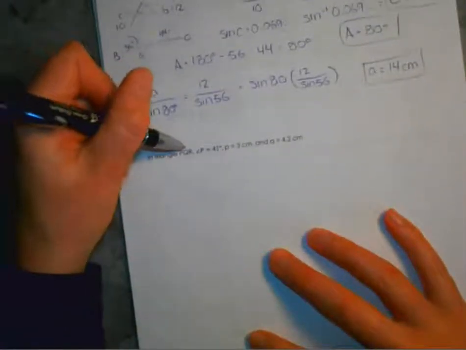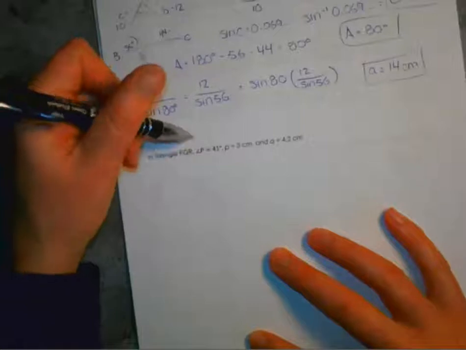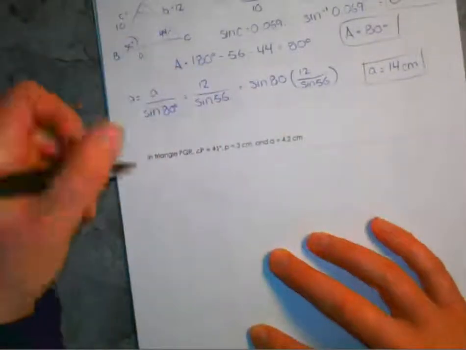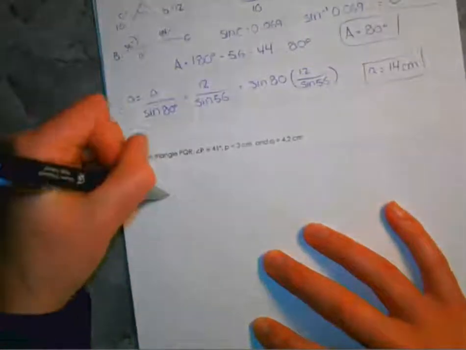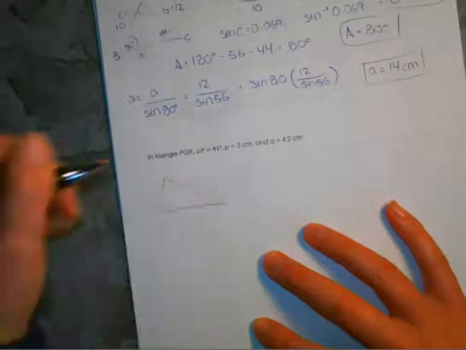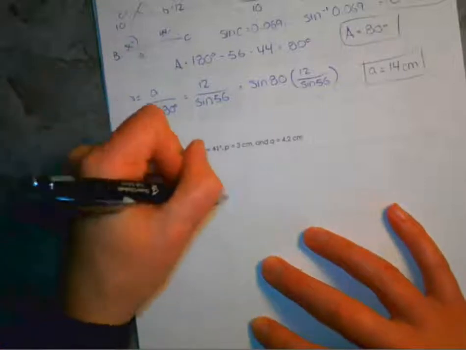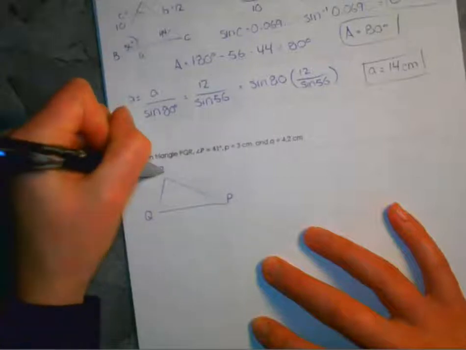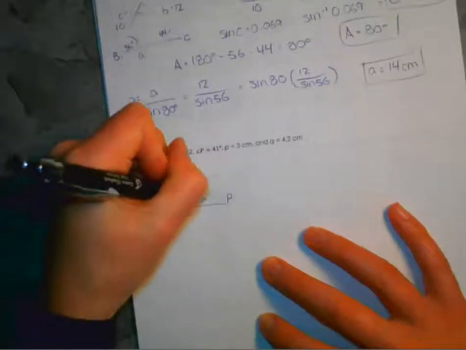In triangle PQR, angle P is 41, side P is 3, and side Q is 4.2. So again, we're just going to do a rough sketch here. PQR is how I did this one when I ran through this for practice.